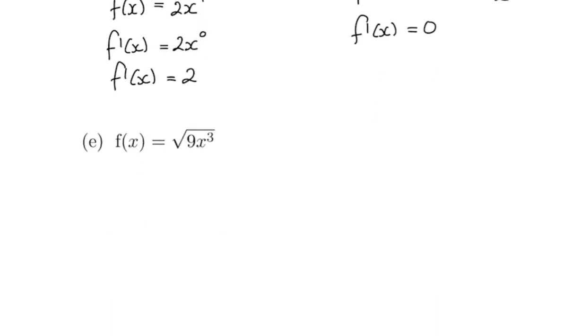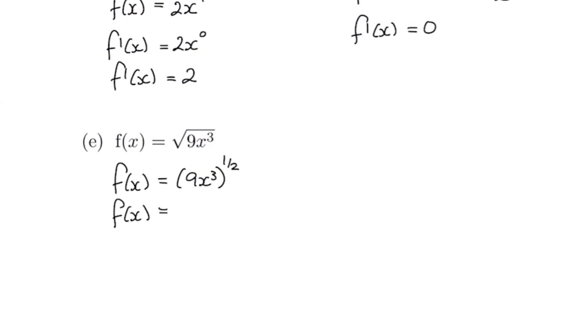Now let's have a look at E. So you've got f of x equals the square root of 9x cubed. So the first thing we're going to do is say that's 9x cubed to the power a half. Then we're going to apply our index rules.